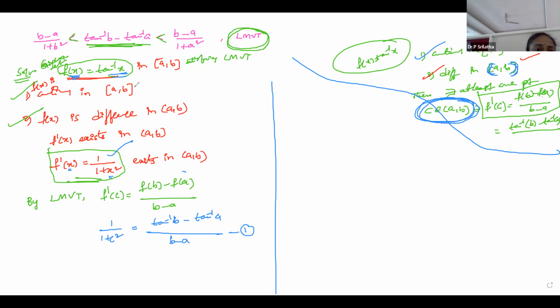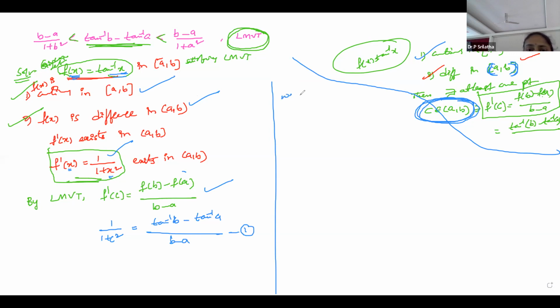So it is continuous in the closed interval, differentiable in the open interval, and according to our main condition f'(c) = (f(b) − f(a))/(b − a). What is our leftover part? Here our leftover part is c belongs to the open interval (a, b).